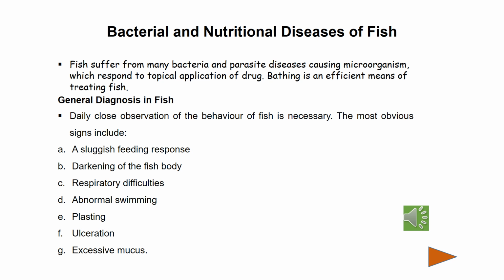General diagnosis in fish. Daily close observation of the behavior of fish is very necessary. The most obvious signs include a sluggish feeding response, darkening of the fish body, respiratory difficulties, abnormal swimming, flashing, ulceration and excessive mucus.